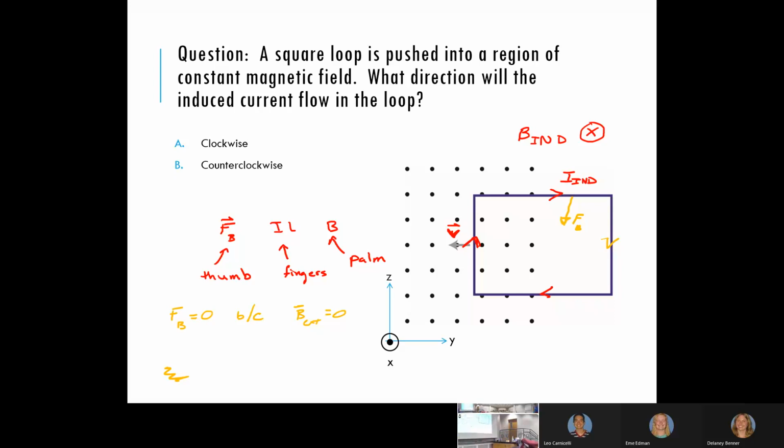So on this bottom wire, it's upwards. What do I call this? F_B bottom. And I'll call this the force of the magnetic field on the top wire, F_B top.